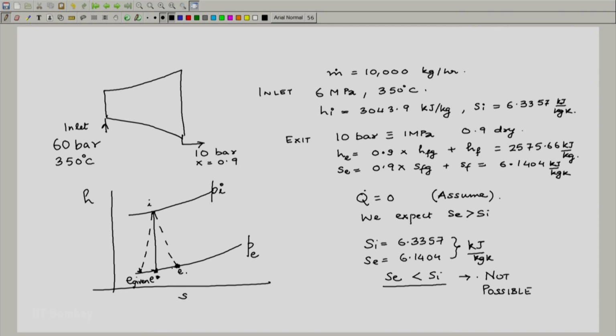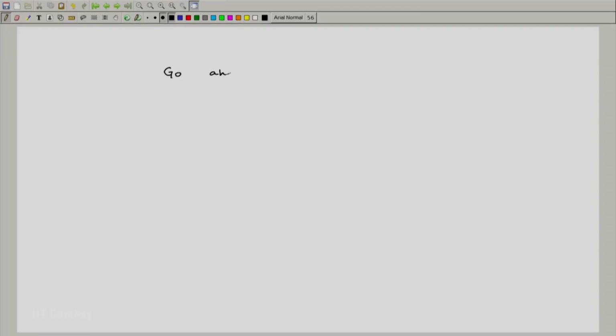So, let us go ahead with our calculations, assuming that we get SE equal to SI, that is our ideal exit state. So, in this case, go ahead assuming SE equal to SI, which means E equal to E star.